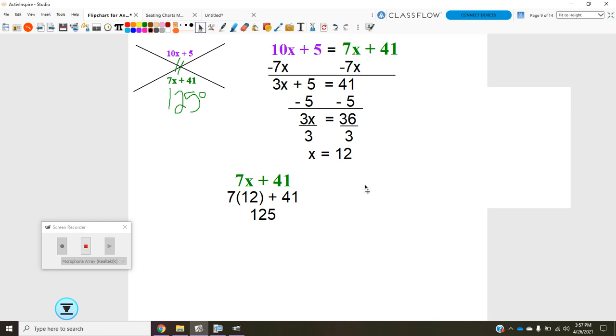Then I'm going to do the same thing with the other angle, the 10x plus 5. I'm going to sub in 10 times 12 plus 5 and get also 125. They should come out to be the same number because we said the angles are equal. So in order for angles to be equal, they have to come out the same number.